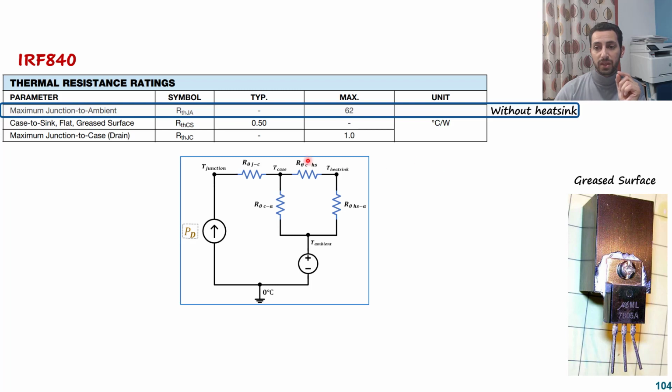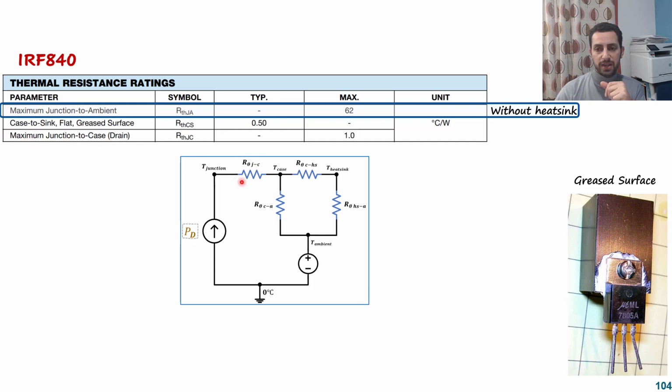And this resistor here, if we do this, will be about 0.5 Celsius per watt, which is very, very low. So this resistance is very low. Sometimes we ignore it, or we may consider the thermal greasing or sheet.